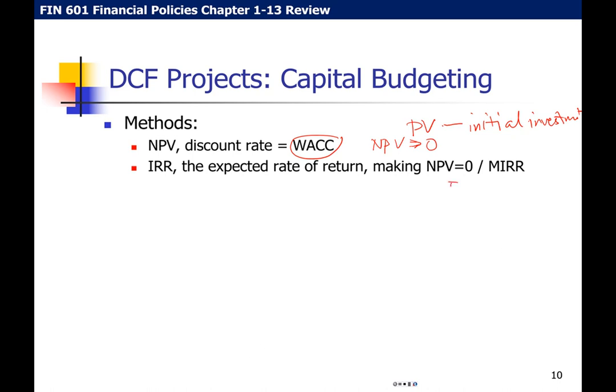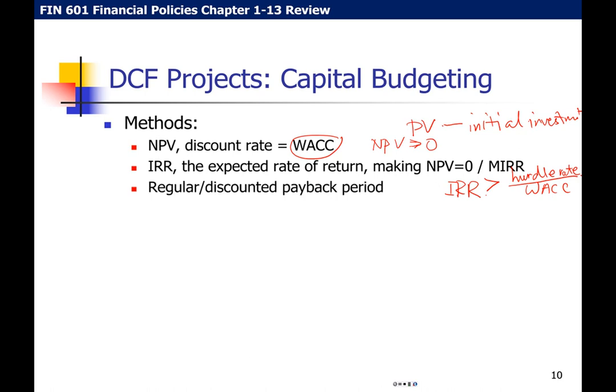And now the criteria is that there is a hurdle rate, typically WACC. It's called hurdle rate. It can be different from WACC. Okay, and then your IRR has to be higher than that predetermined hurdle rate for you to improve firm value by investing in this project.